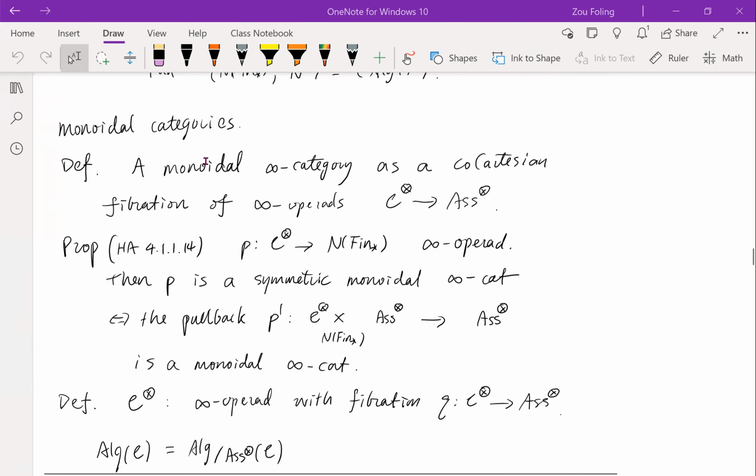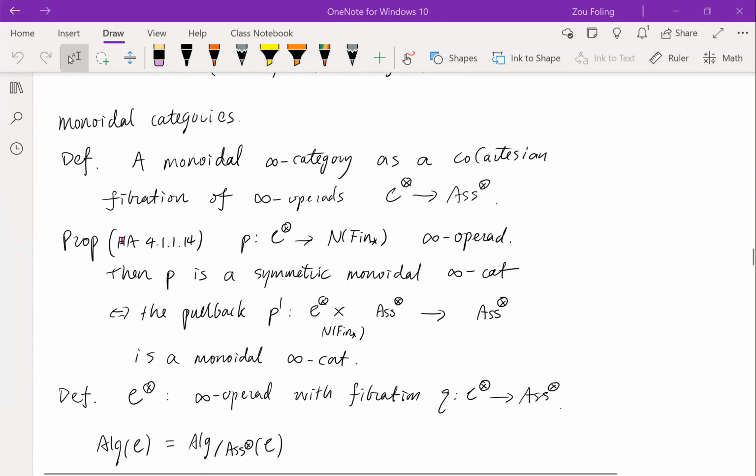Right, and now we want to look at monoidal categories, which should be, if you think about commutative monoids and monoids, parameterized by the associativity operad. So we replace nerve of thin star by the associativity tensor. And we make this definition that a monoidal infinity category is a co-Cartesian fibration of infinity operads over associativity tensor.